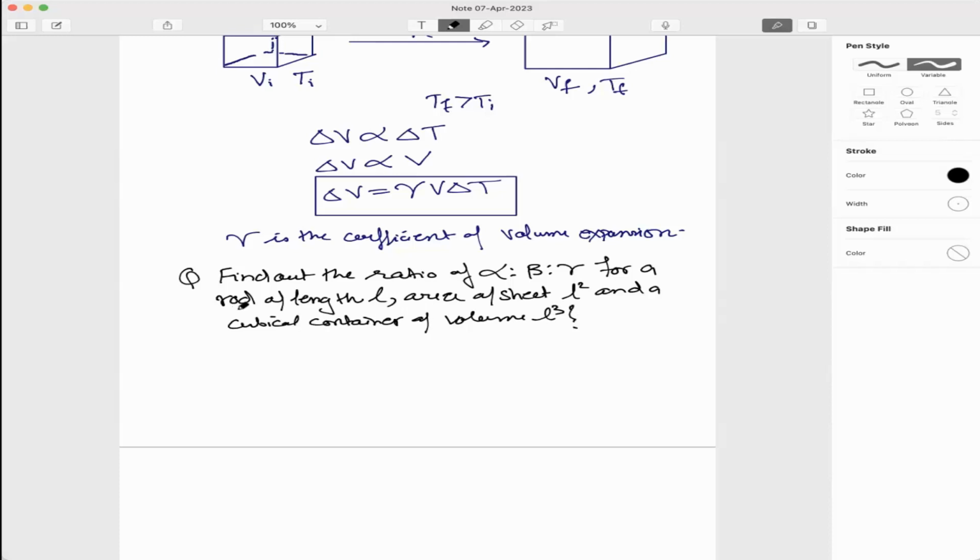So now we have three kinds of system, where there is a linear expansion.